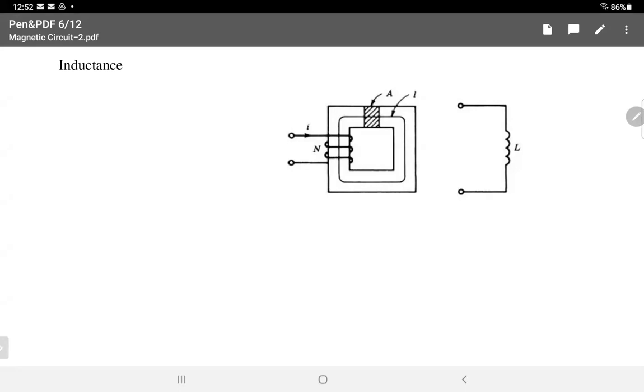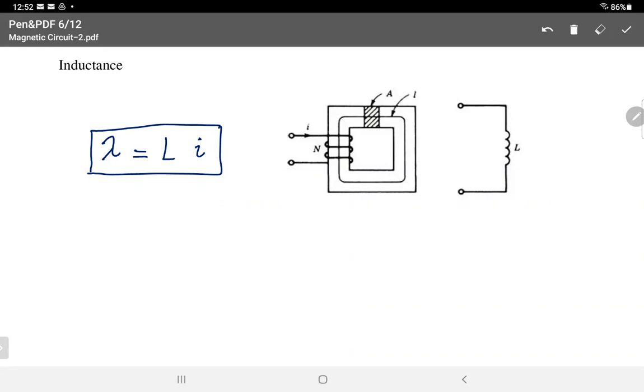The main equation or relationship of L, we say that the flux linkage is equal to L times I. That's the main equation that we need to understand. What's flux linkage? It is the total flux intersecting the whole coil. When you have a coil of N turns, and in each turn there is flux linking, I add them.